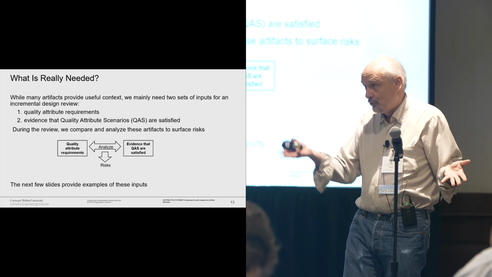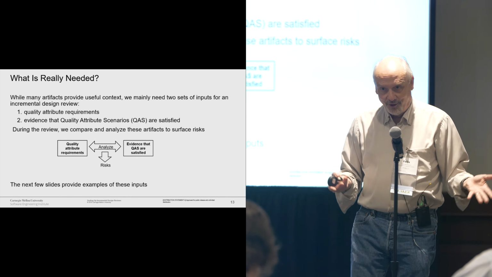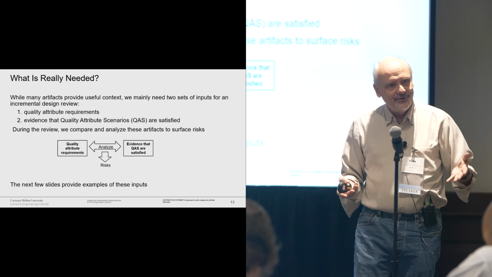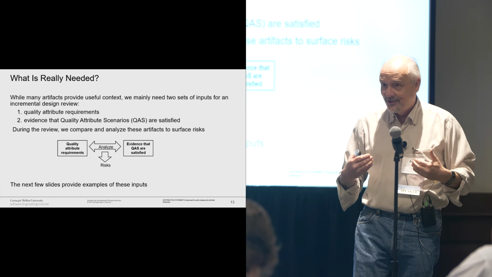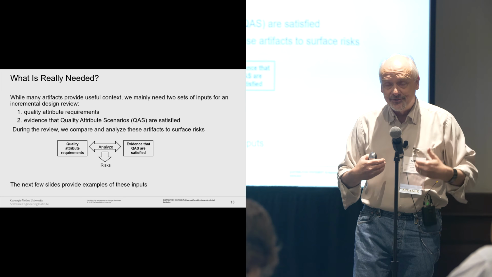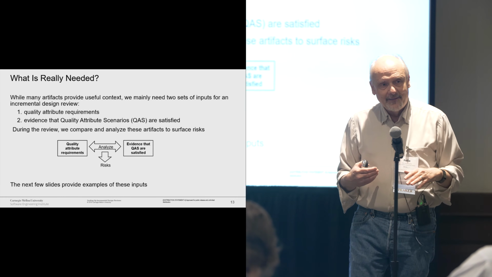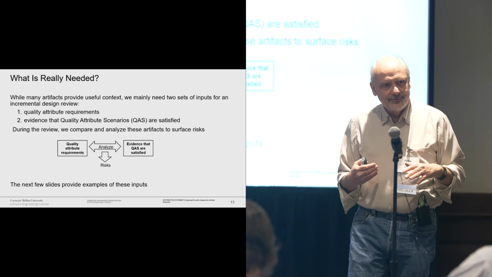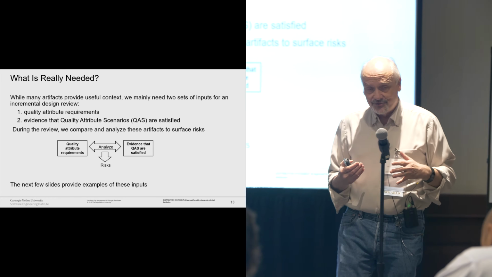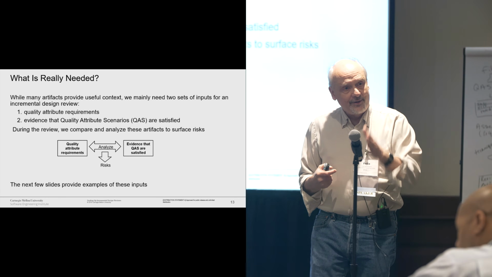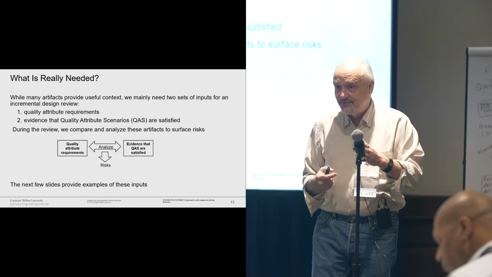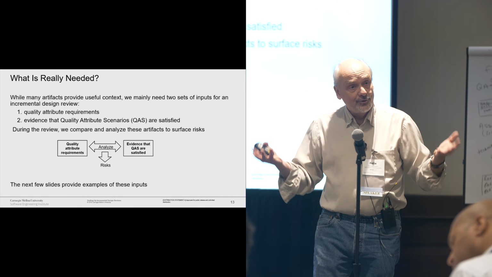You may have an idea if you like it or not. If you do this, then you use your own yardstick from your own experience as a comparison, but that's not an objective yardstick. That's your yardstick. So we need to have something, and that yardstick is the quality attribute requirements.